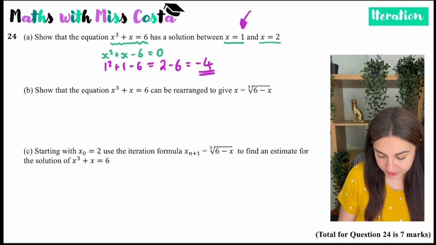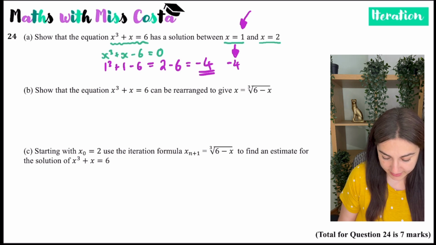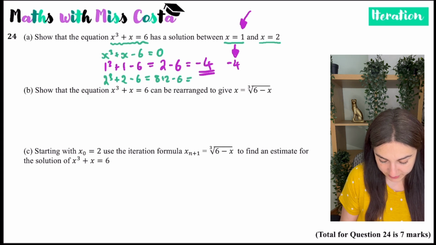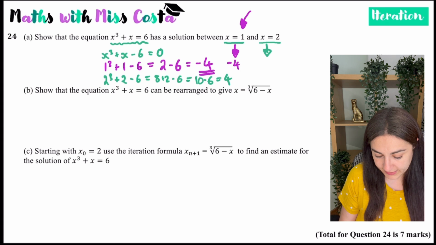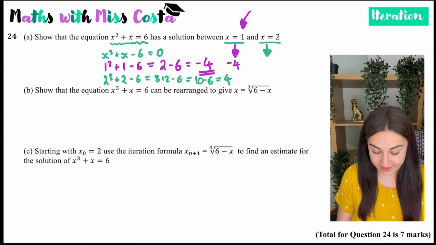So when I substitute 1, I end up with minus 4. Then I try and do the same with x is 2. So 2 cubed plus 2 minus 6 equals 8 plus 2, which is 10, minus 6, which is positive 4. So when I substitute 2 in, I end up with 4.